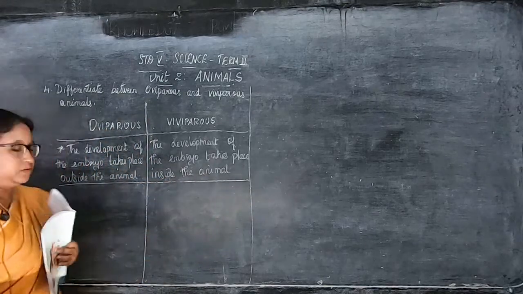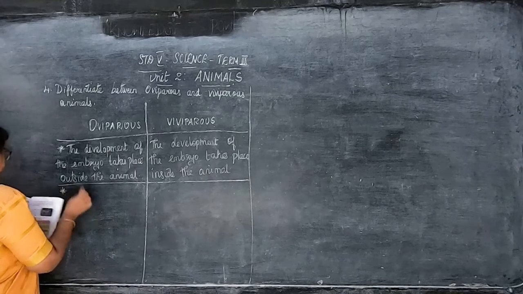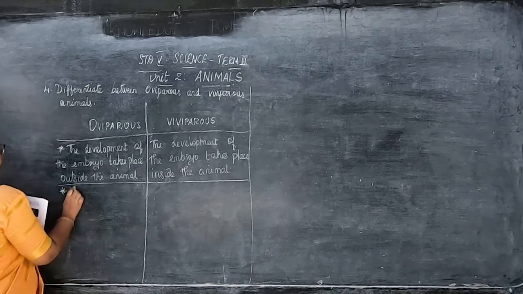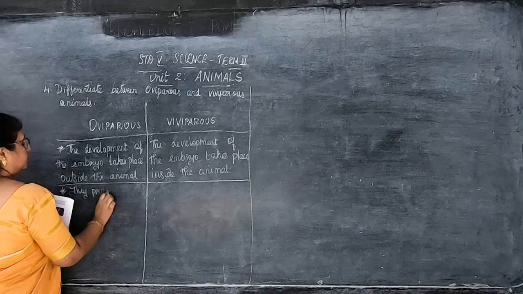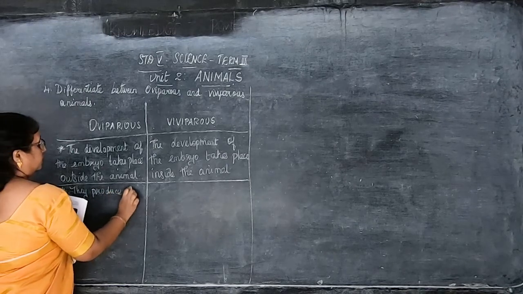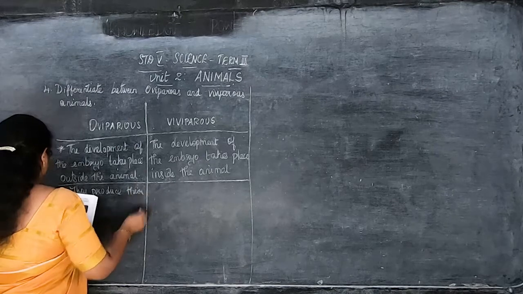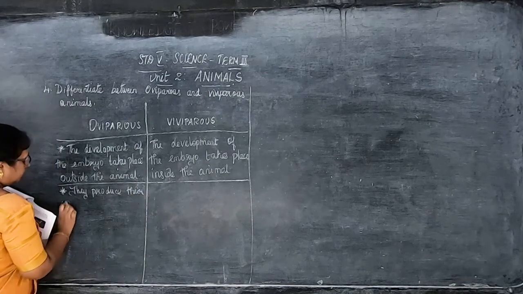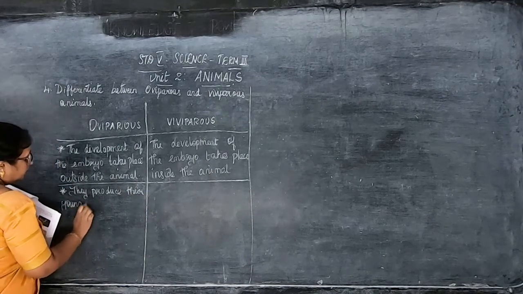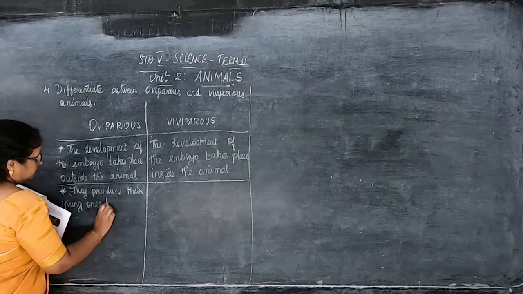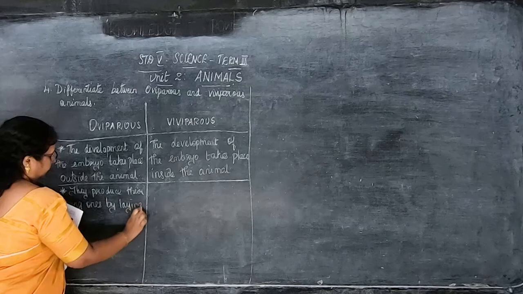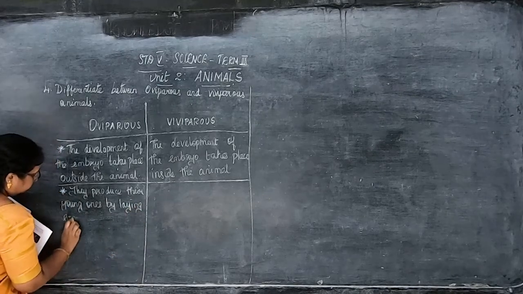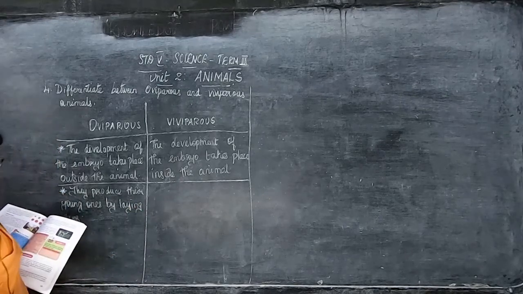Okay, children. Now we'll go to the second point. They produce their young ones by laying eggs. Okay, now next one.